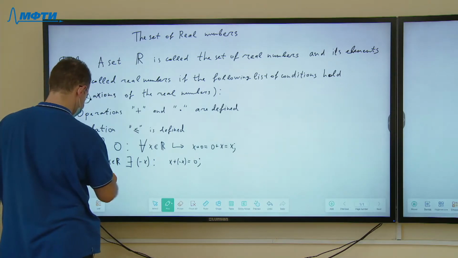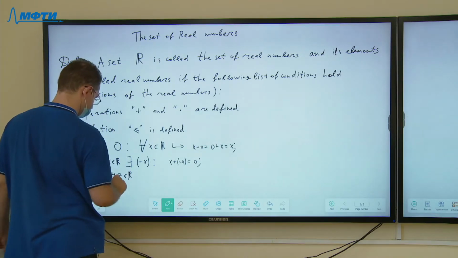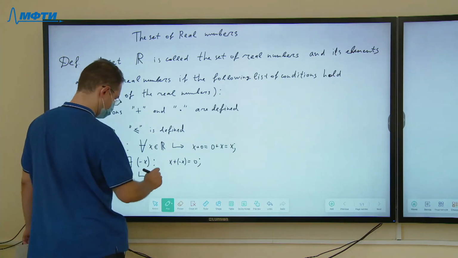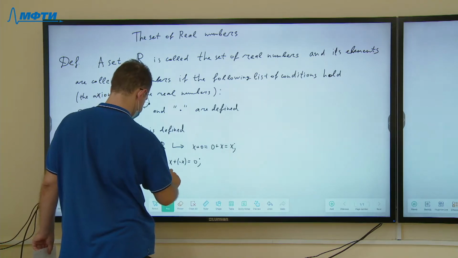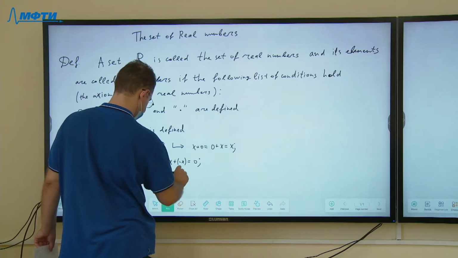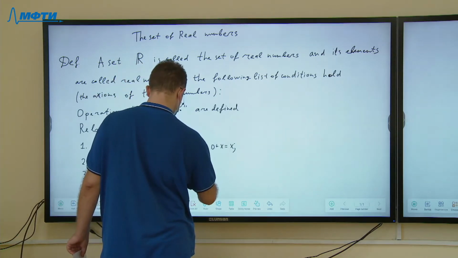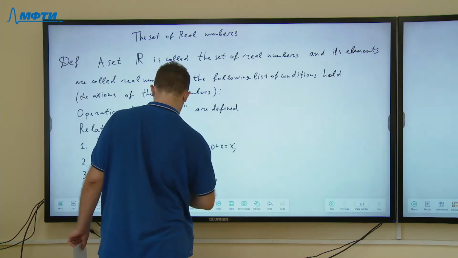For any x, y, and z real holds that (x plus y) plus z equals x plus (y plus z).